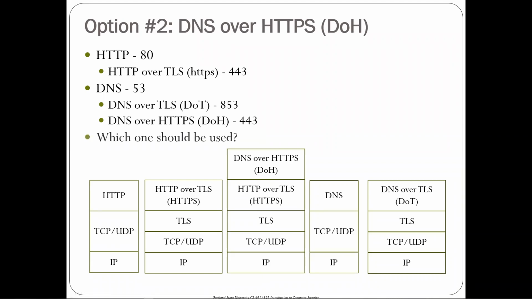So here's a question: which one should be used, and what would be the difference between using one versus the other? I'll leave that open for a little bit, because this is something you should think about. Why do we have two of these things, and which one would you rather use?